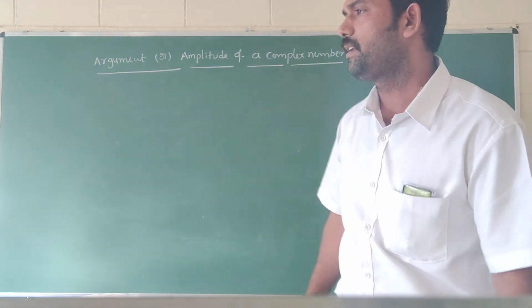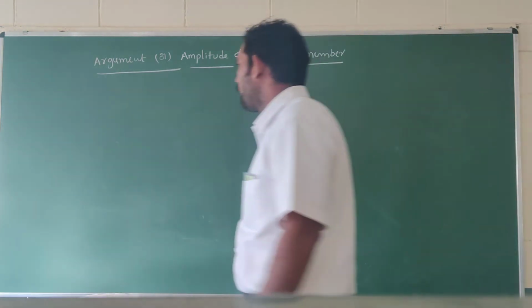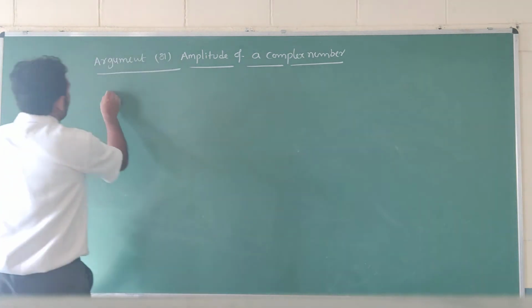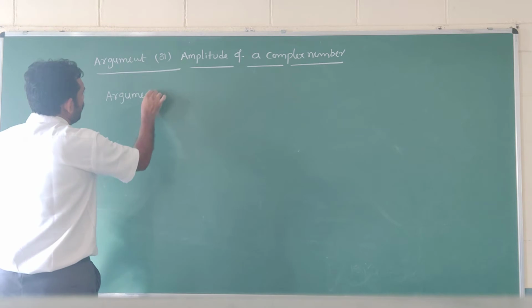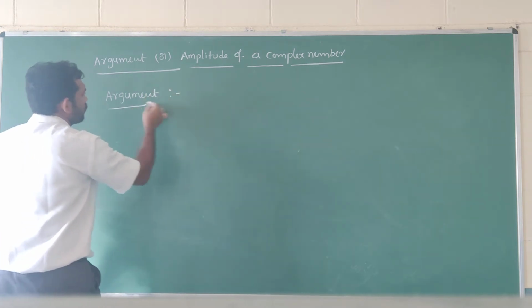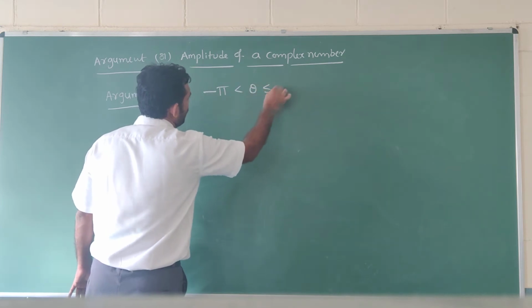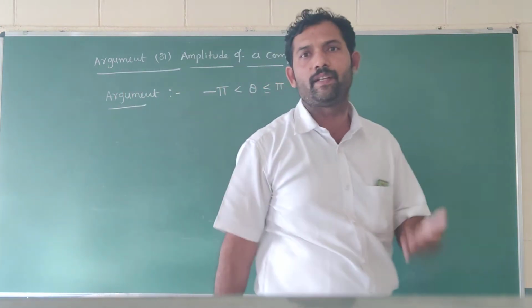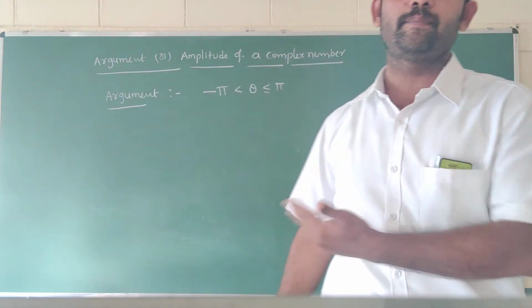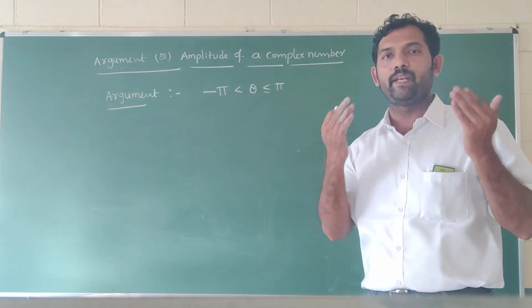In discussion, the amplitude always lies in between what? The argument value always lies in between minus pi less than theta less than or equal to pi, that is, between minus 180 degrees and plus 180 degrees. Based on that, we did many problems.